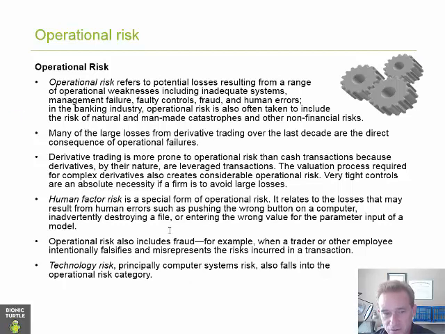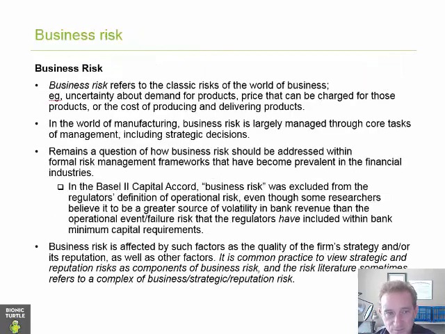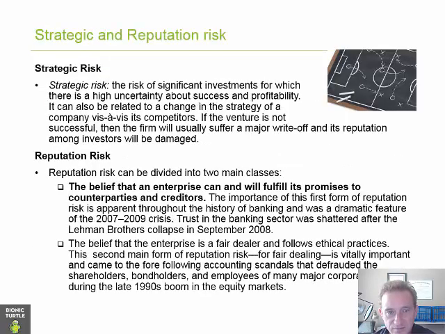Operational risk, as you know, there's a whole topic in part 2, topic 7, devoted to operational risk. So I won't go into detail here, and I'm not sure that there's much here that necessarily a part 1 candidate needs to memorize. Legal and regulatory risk, at least at this superficial level, and business risk, and then strategy and reputational risk.